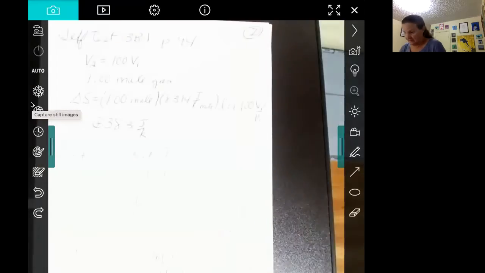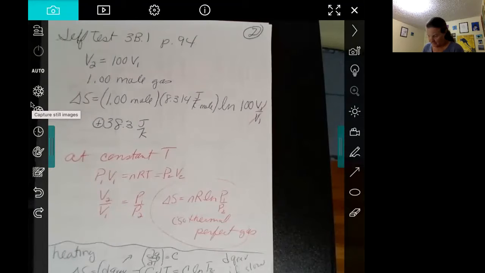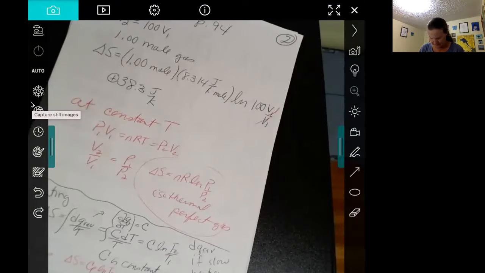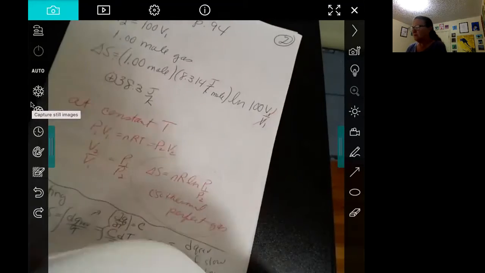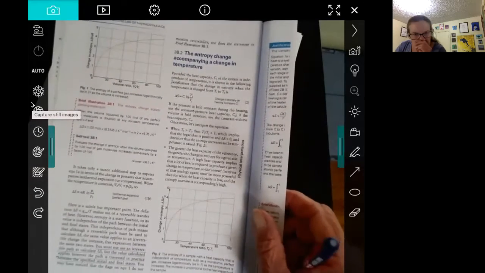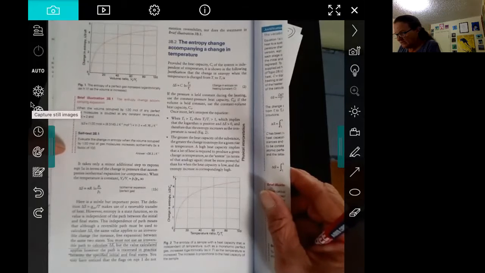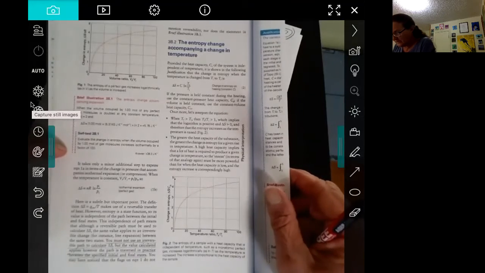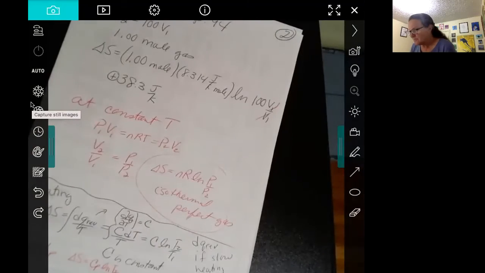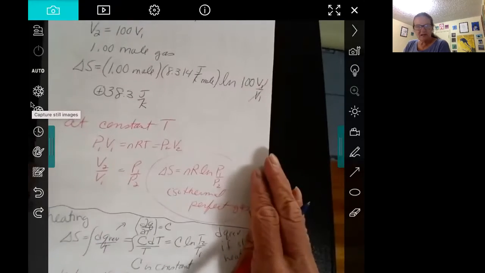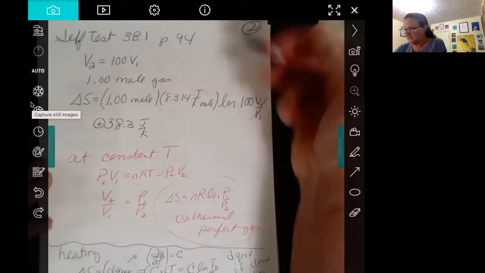Okay, so let's look at this first self-test. It says evaluate the change in entropy when the volume occupied by 1 mole of gas molecules increases isothermally by a factor of 100. So we use the equation that we just derived.